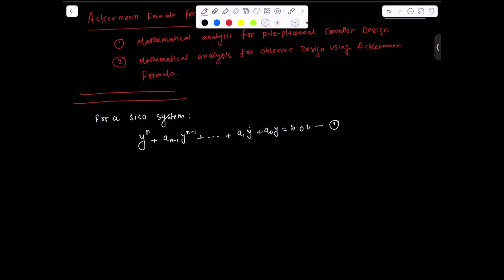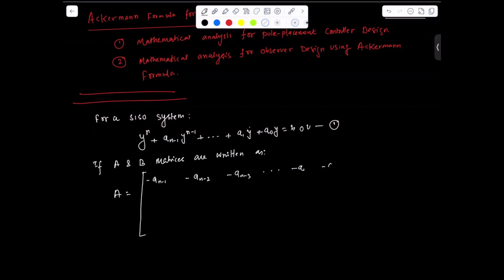Now for the system, if A and B, the system and control matrices, are written as A equal to: the first row minus a n minus 1, minus a n minus 2, minus a n minus 3, dot dot dot, minus a1, minus a naught.